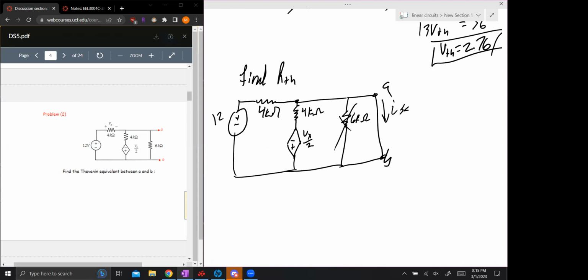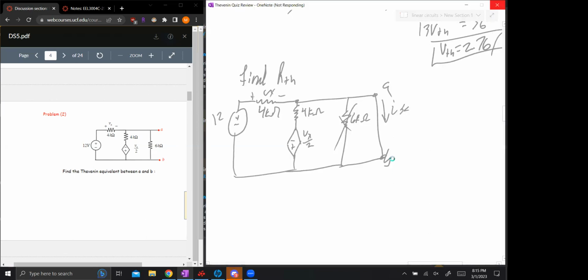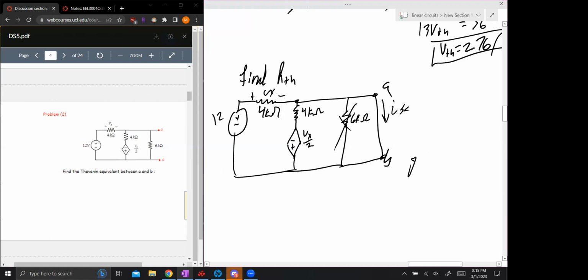Okay. Plus minus Vx. So for this one, this all becomes A. Okay, so this all becomes A. This becomes, we'll make this B, we'll make that C. So I could do node voltage, I guess.